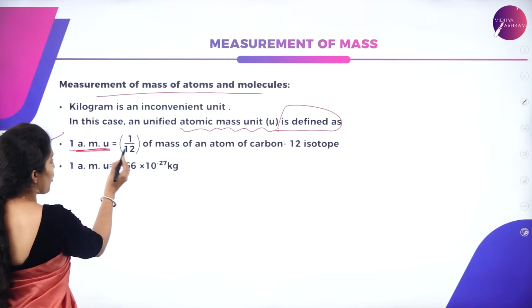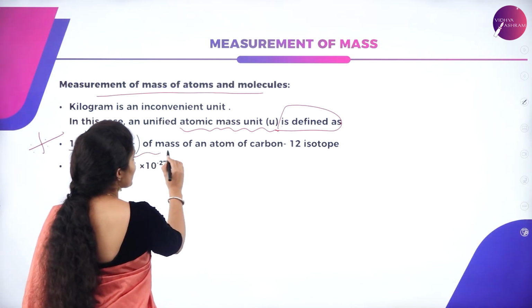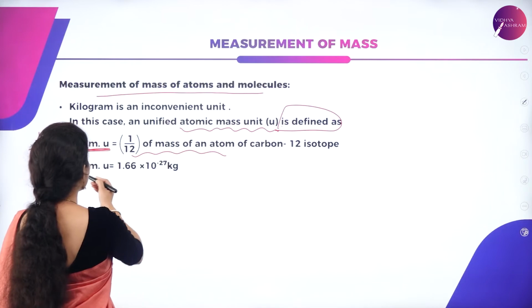So how do you define this one atomic mass unit? It is defined as 1 by 12th of the mass of an atom of the carbon 12 isotope.